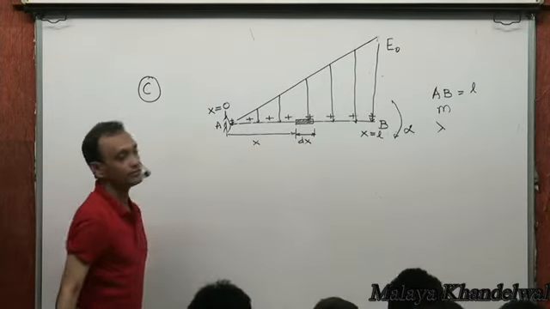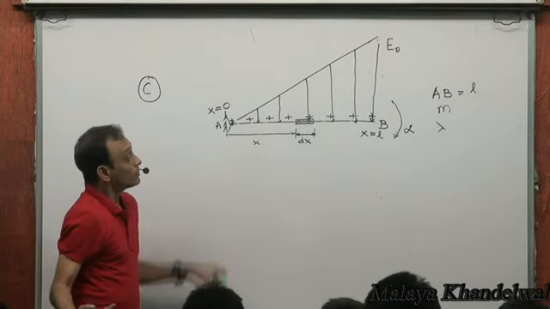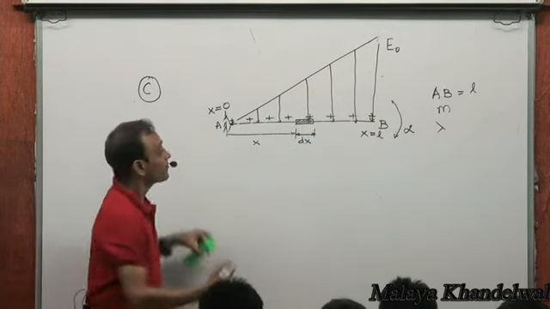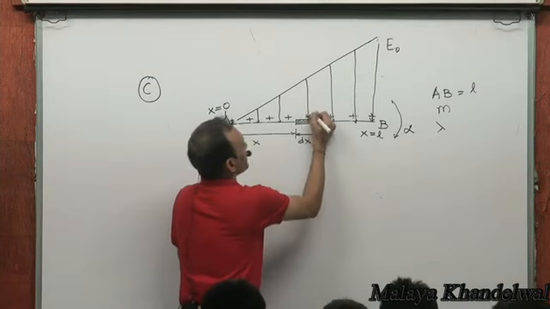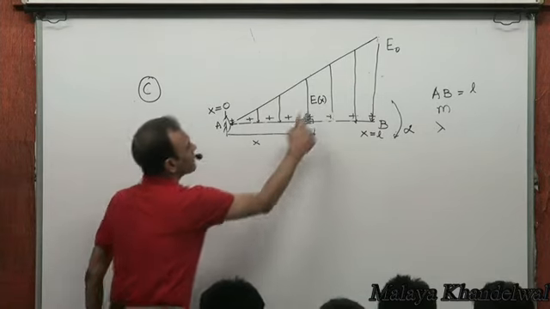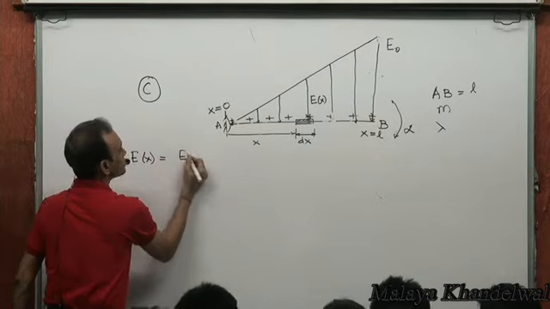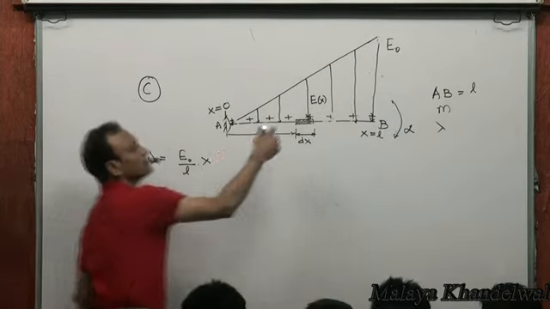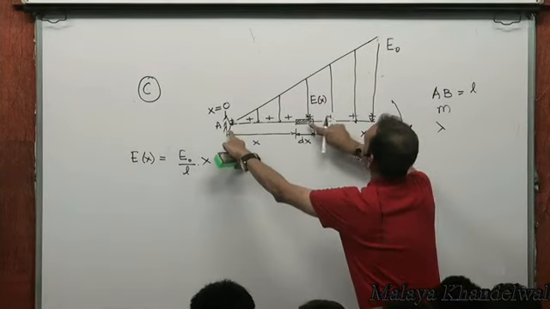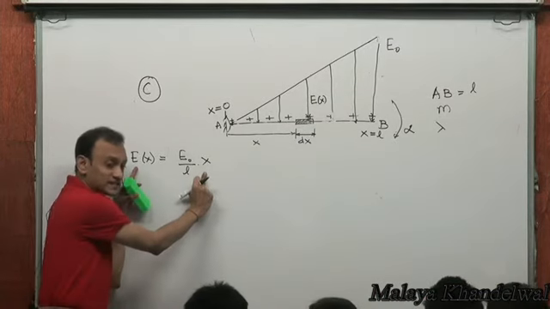Then each element will be exposed to a different value of the electric field, right? For example, the element at x would be exposed to an electric field E at x. And as you can see, E at x is going to be E naught by L into x. Do you realize that? By similar triangles, this divided by this is L divided by x. So E at x would be a function of x given by this.